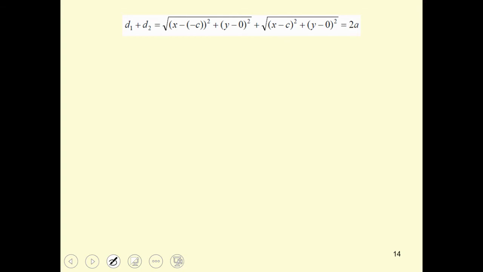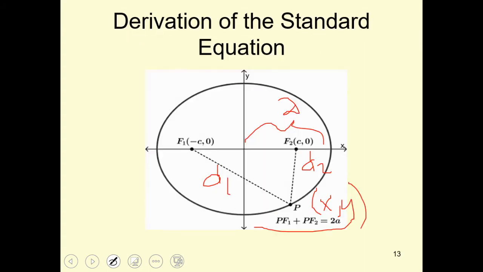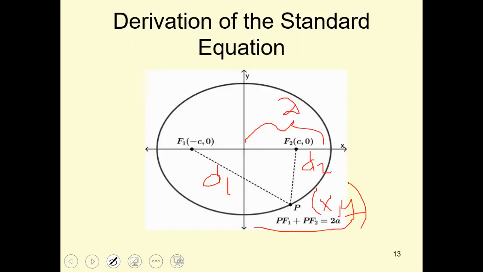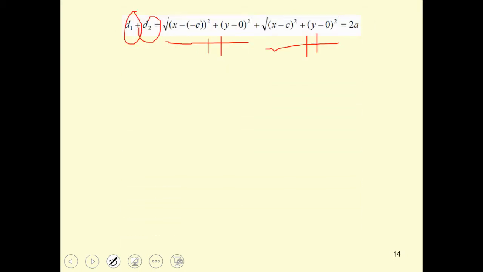We will use the distance formula. Asa man si D1 sa atong figure? Ang D1 is kini, P(X, Y). So, the square root of X minus negative C squared plus Y minus 0 squared.